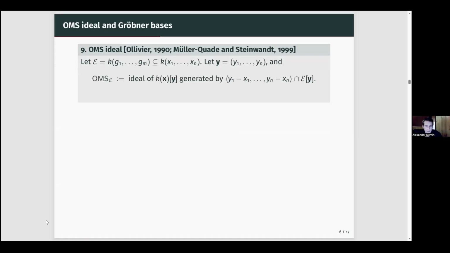This OMS ideal will be exactly the following. We will associate to the field an ideal generated by these polynomials. And you can note these are exactly polynomials with coefficients from the field that vanish at y equals x.